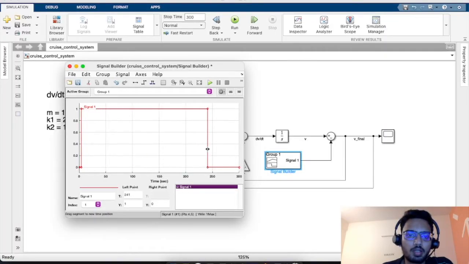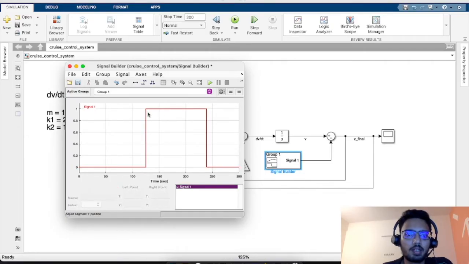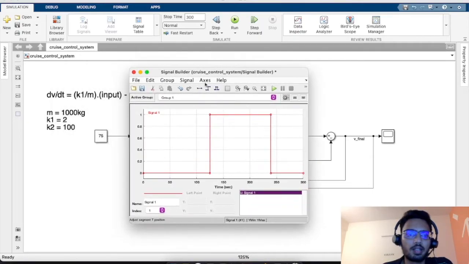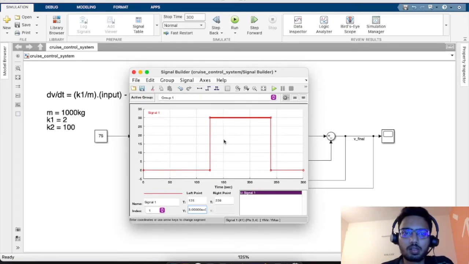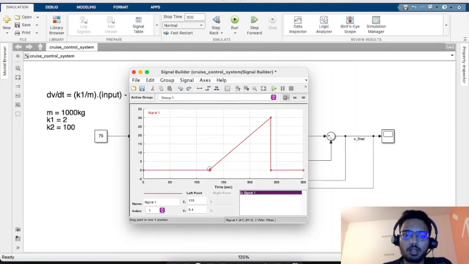Suppose we want the disturbance to start at around, let's say, 125 seconds, and the amplitude of the signal, let's say our set speed is 75, so we'll want this disturbance to have a magnitude of around, let's say, 30 km per hour. This amplitude should be 30, and then I would want this disturbance to gradually build up instead of having an instantaneous rise.